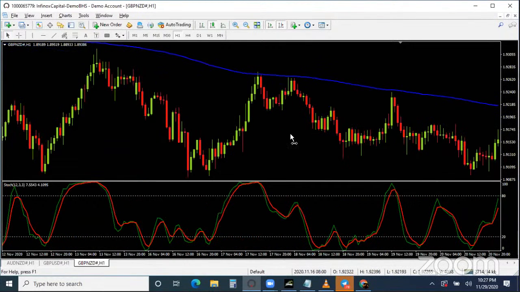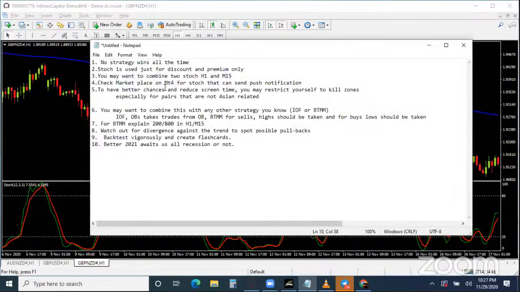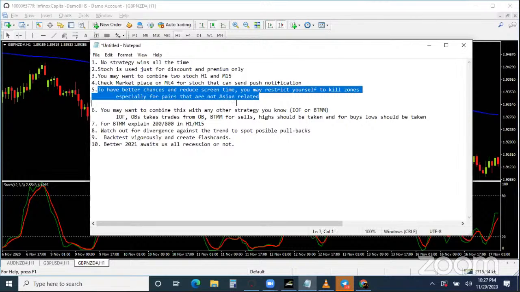Now, if you are trading this strategy, there are certain things you should know. Number 1, to have better chances and reduce screen time, you may need to restrict yourself to kill zone, especially for pairs that are not Asian related.